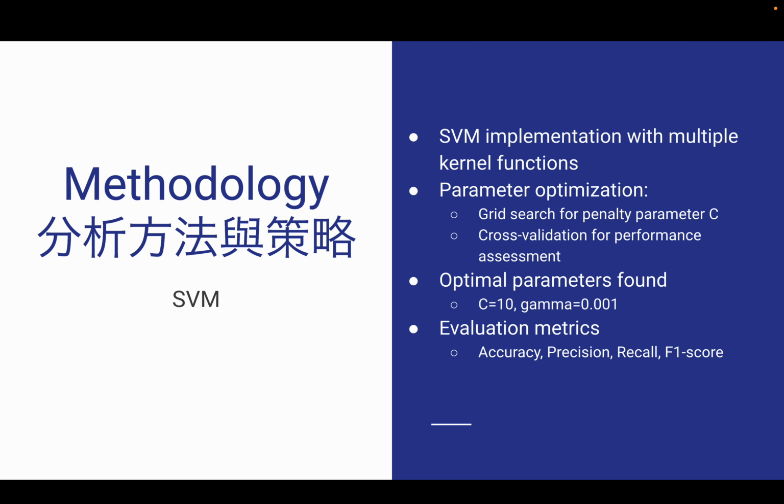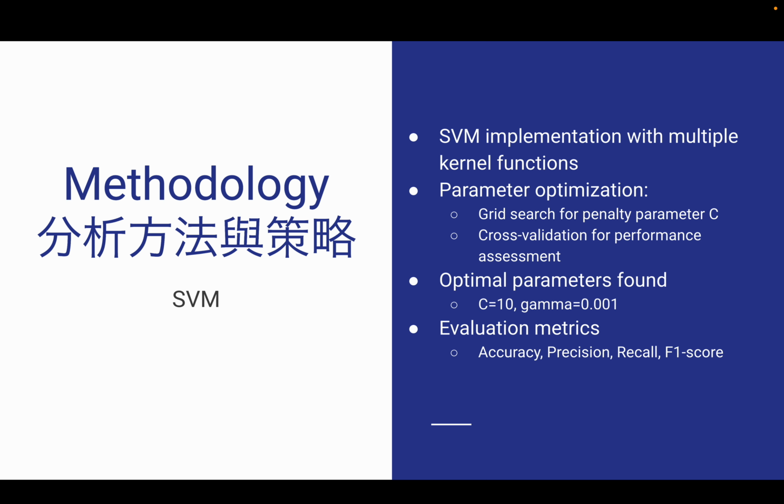The methodology mainly focused on implementing SVM with various kernel functions, including linear, polynomial, Gaussian, Laplacian, and sigmoid kernels. For parameter optimization, the researchers employed grid search to find the best combination of the penalty parameter C and the kernel parameter gamma.